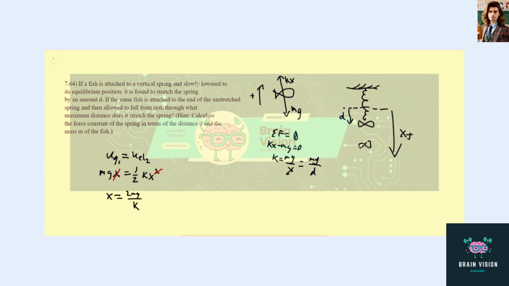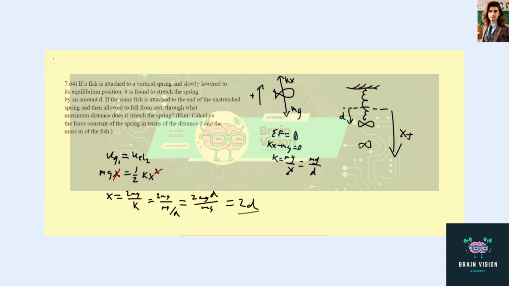We can substitute in what we have for k. That's 2mg over mg over d, which is equal to 2mg d over mg. And so then we get 2d.